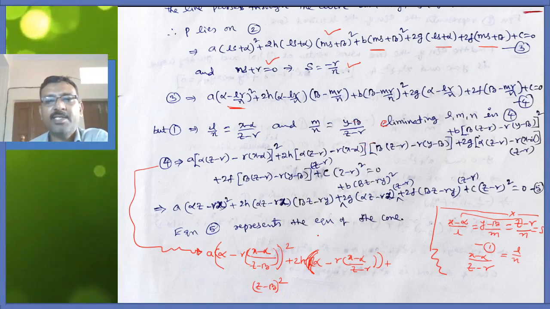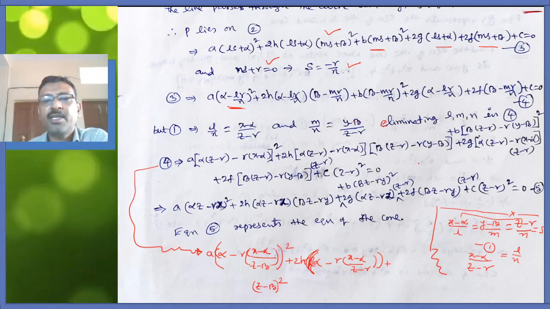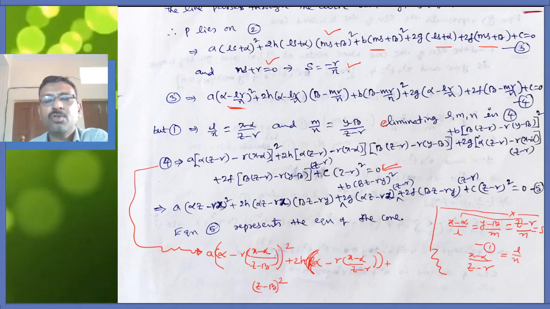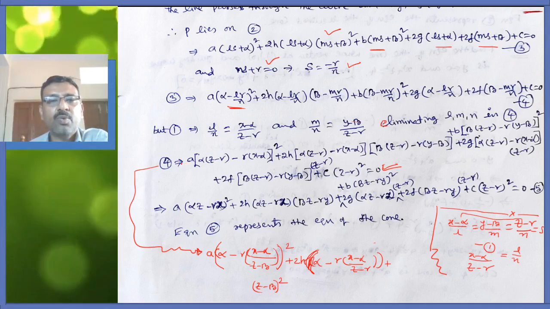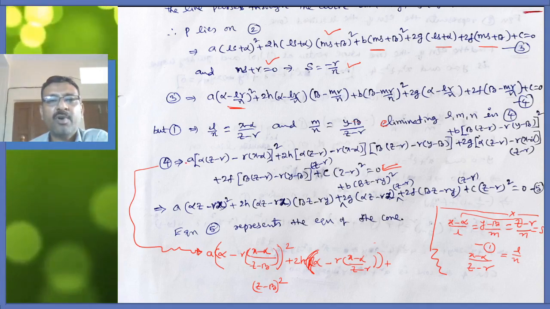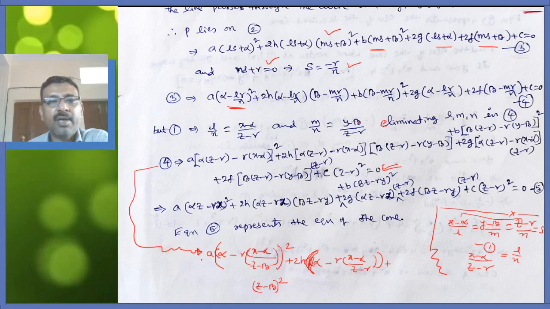So, taking LCM as z minus gamma whole square and shifting to the right side, where the right side is 0, that will become 0, or simply multiplying both sides by z minus gamma whole square, we get this equation. Actually, this is written in direct form. So, this is the explanation for this equation.